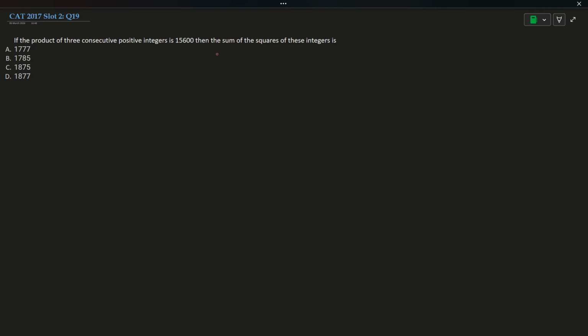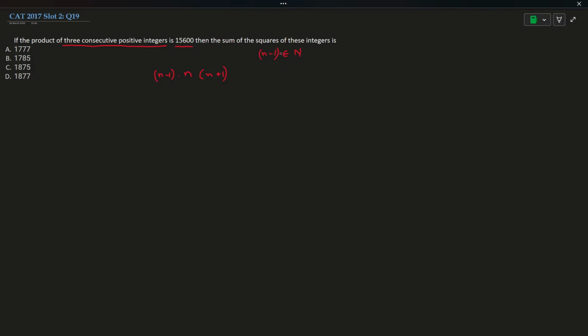If the product of three consecutive positive integers, that means natural numbers, is this much, then find the sum of the squares of these integers. So I have a positive integer n, so I can write n minus 1 into n into n plus 1, where n minus 1 belongs to natural numbers.